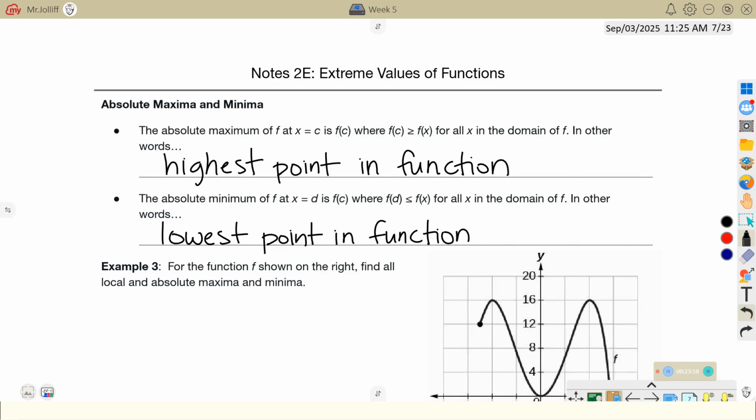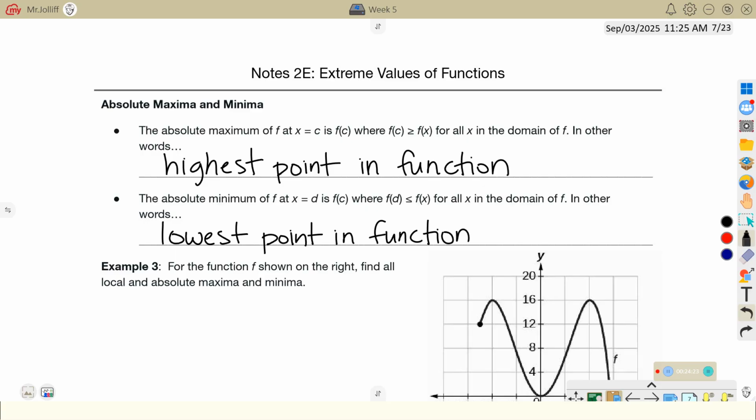When we have graphs that have arrows that go on forever and ever, we typically only look at relative maxes and mins because there aren't highest and lowest points. They go into infinity. When we are dealing with finite functions that have endpoints and not arrows, we can talk about absolute maxes and mins.